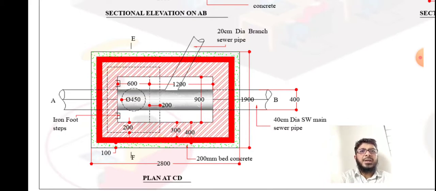The dotted line shows the entrance of the manhole, and we can see the circular 450 mm cover, and also the steel ladders. In this plan sections are done along AB and EF.